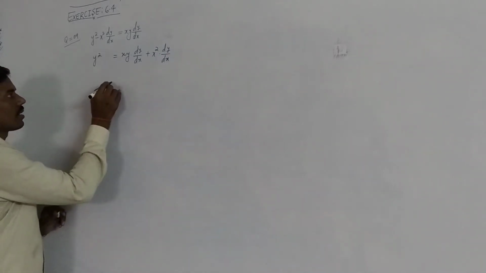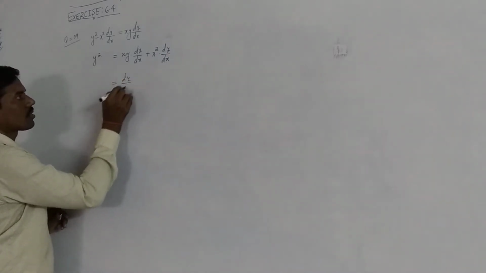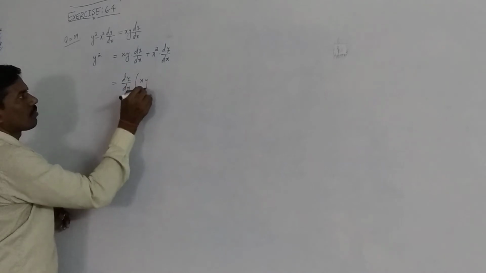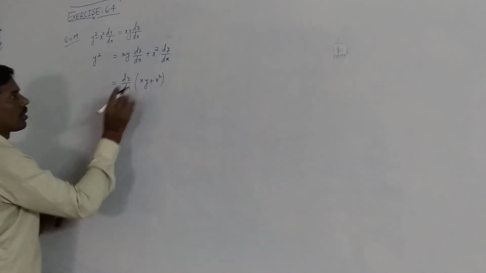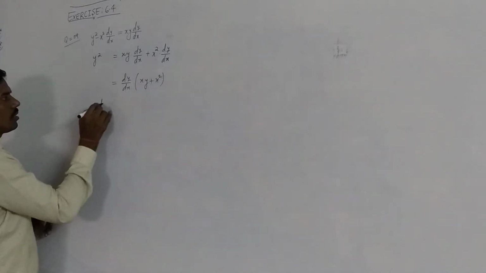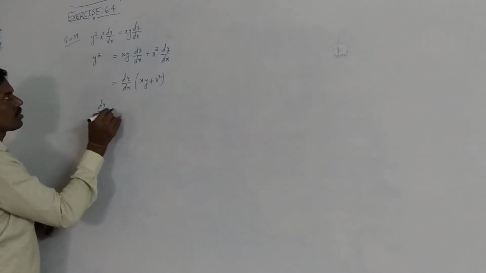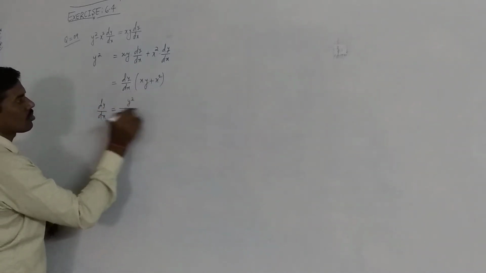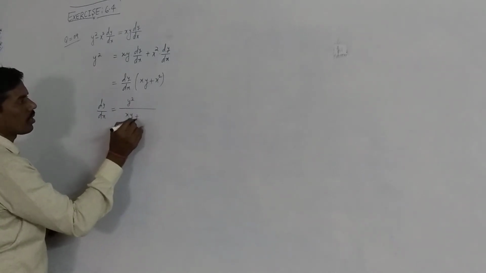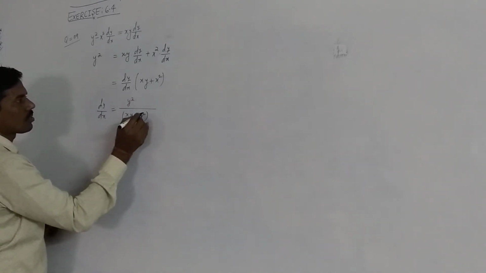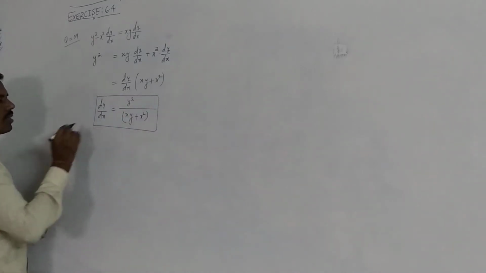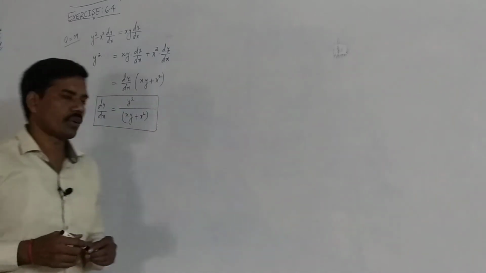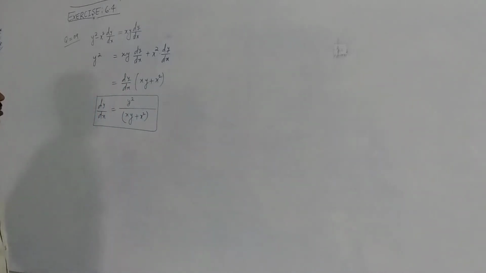Correct? Taking dy by dx as common, we have xy plus x square. Then dy by dx is equal to y square upon xy plus x square.